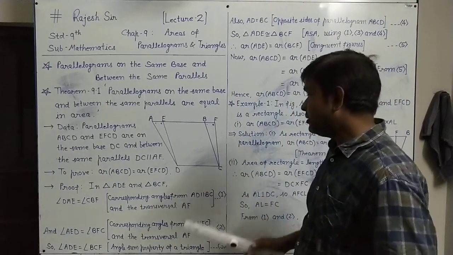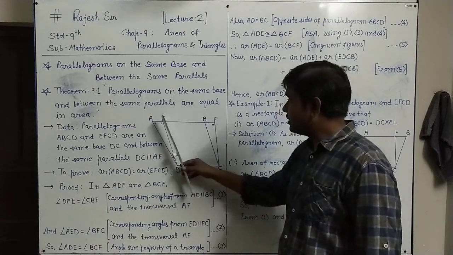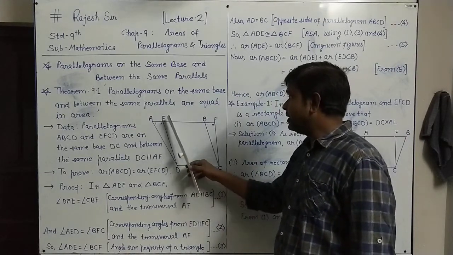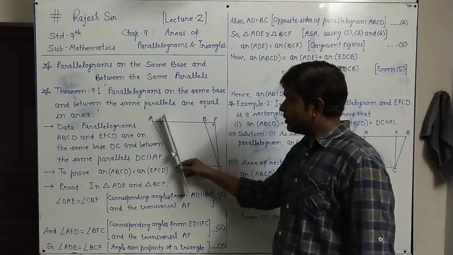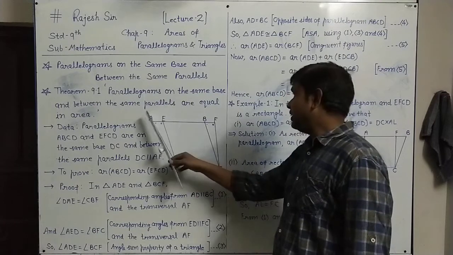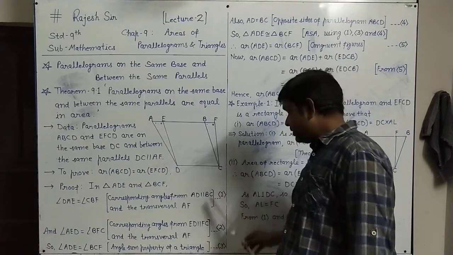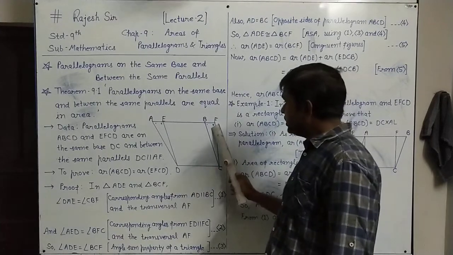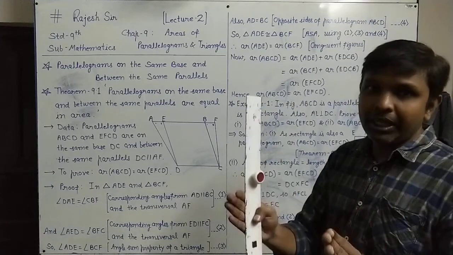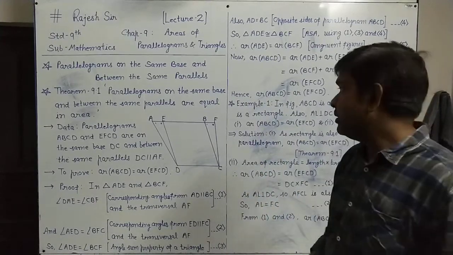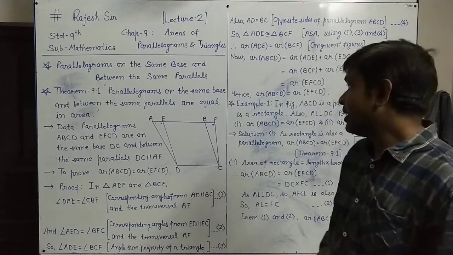Again the same reason, corresponding angles, but this time the parallel lines are of the parallelogram EFCD, DE parallel FC, and AF is the transversal. Between these two, these two angles are corresponding angles, and between two parallel lines with the transversal AF the corresponding angles are equal. So say result 2.